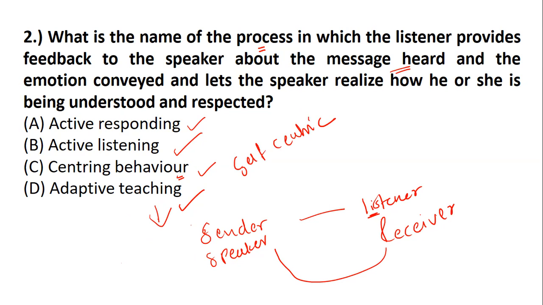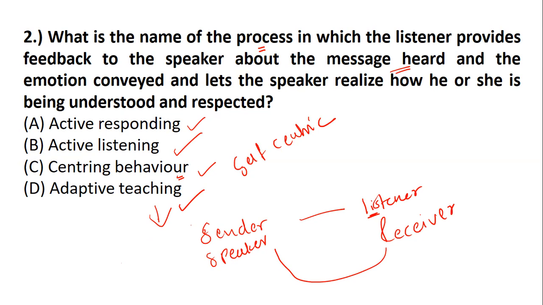Now, the answer is what basically is called, the name of the process will be active listening. When the listener provides feedback to the speaker about the message the speaker has told. Right now, let's visualize this. I'm the speaker, you are the listener. I have passed on a message to you.